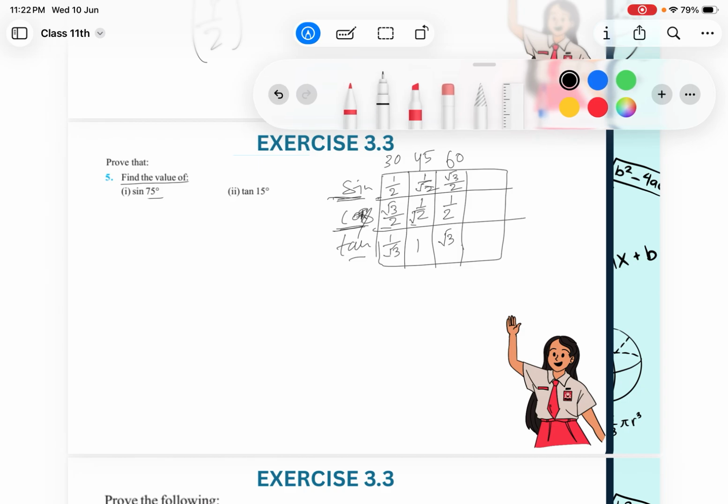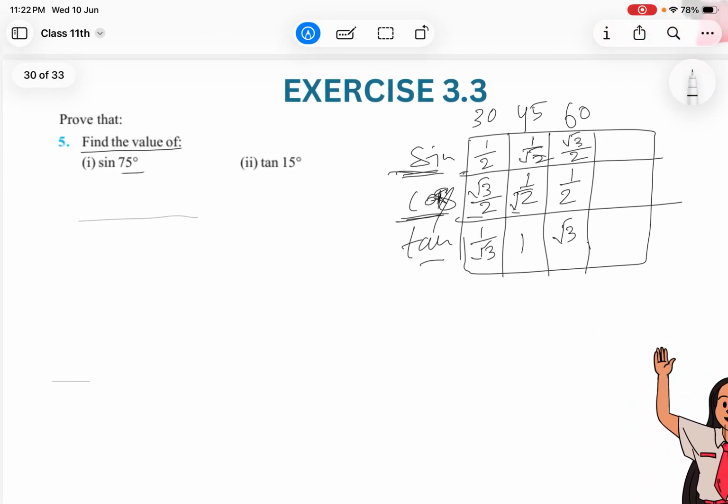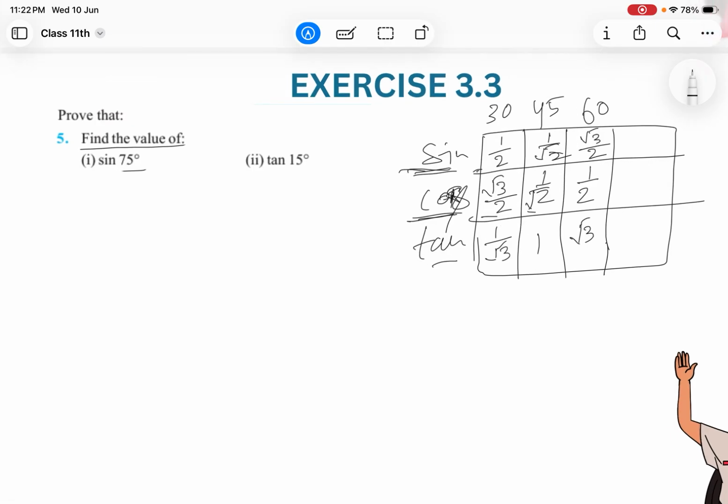So this is your homework. I always leave something for you to try on your own, and this way you can enhance your capacity and capability to solve problems.